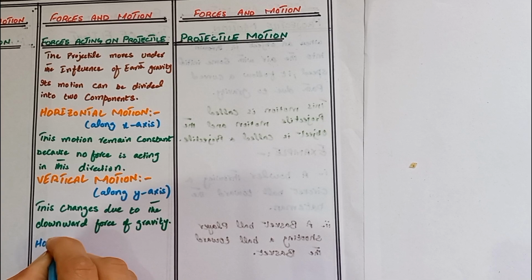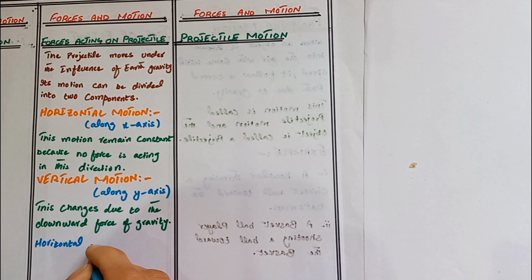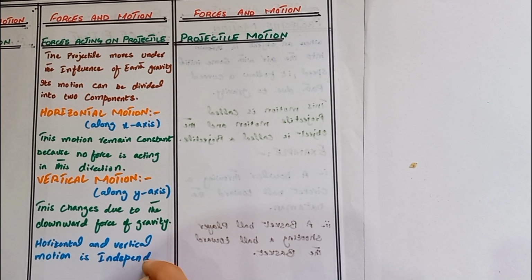Horizontal and vertical motion are independent of one another.